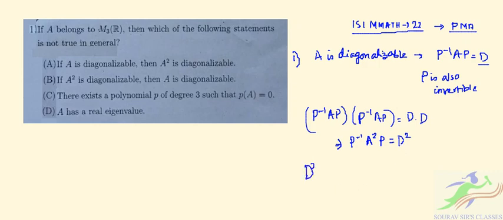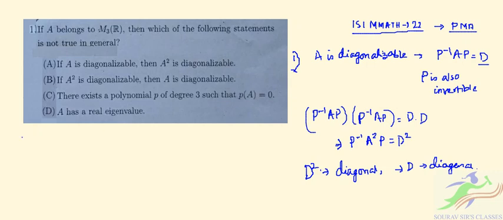D square will be diagonal, because D is also diagonal. So if A is diagonalizable, then A square is also diagonalizable. It is a true statement, but here I have to find which is not true. So it is a true statement.